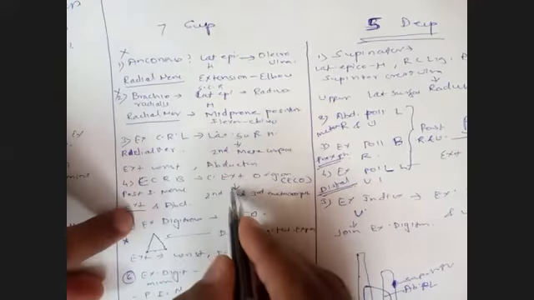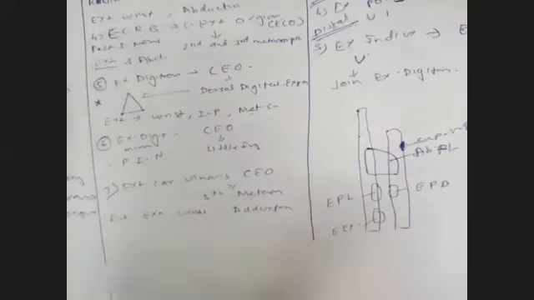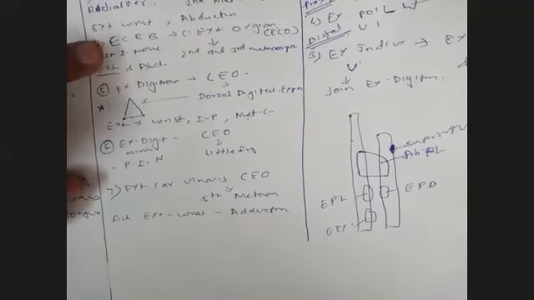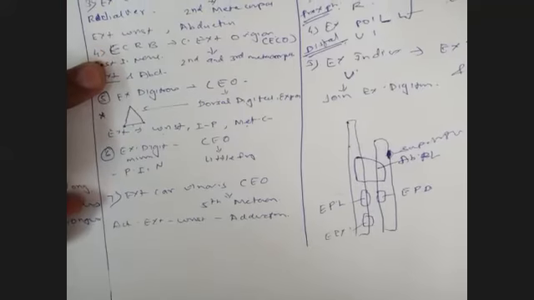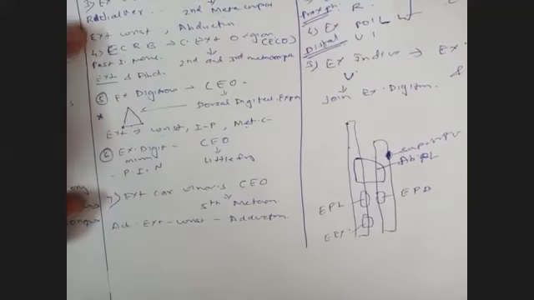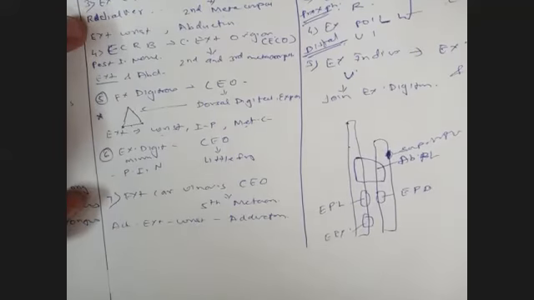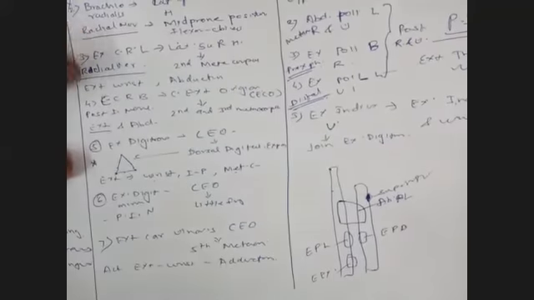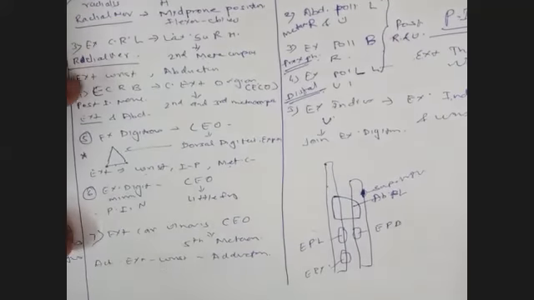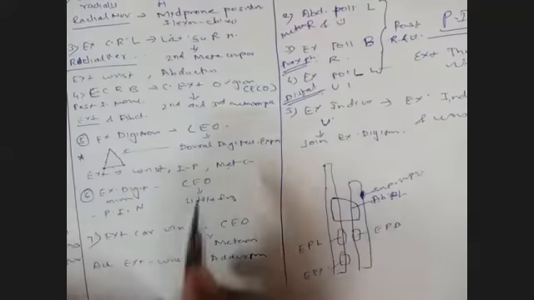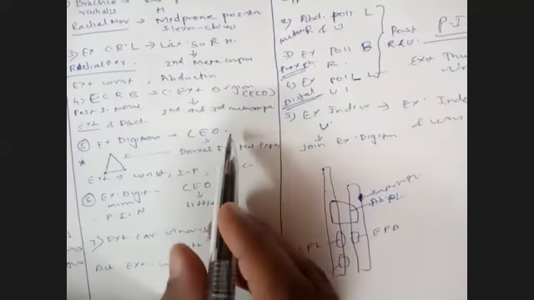There is longus and brevis. One gets inserted on the second metacarpal, the other on the third. So extensor carpi radialis longus and brevis will cause extension and abduction, out of which the longus is supplied by the radial nerve. So the radial nerve ends over here, the first 3 muscles. After that, all the remaining muscles in the superficial and deep compartments are supplied by the posterior interosseous nerve.